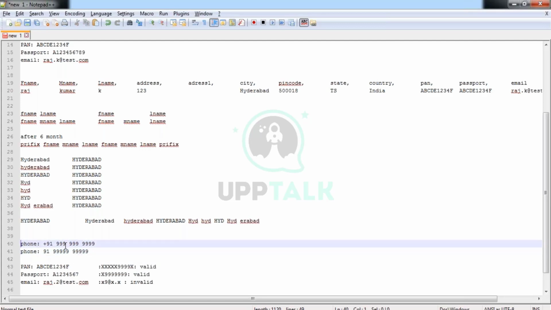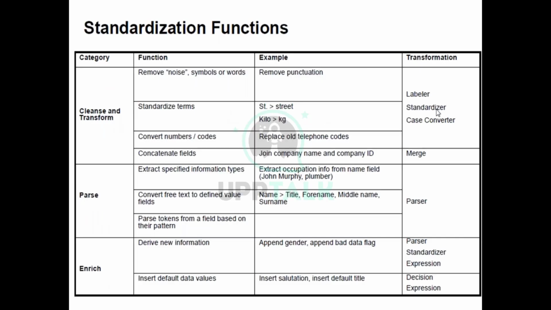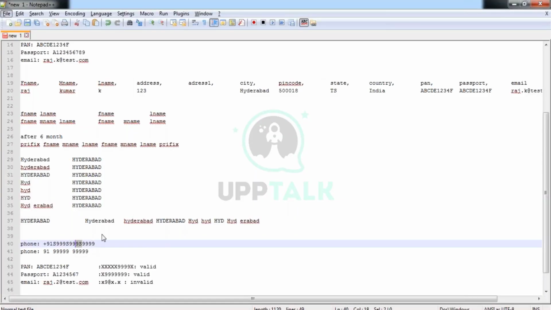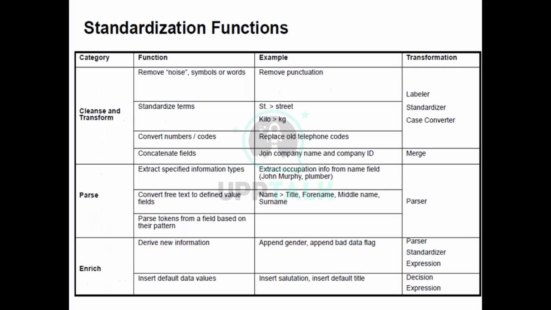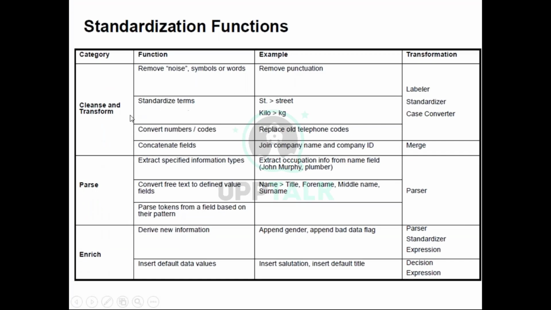If I want to maintain a single pattern, I have to remove these values. How will this be removed? This will be removed based on the labeler: I replace the space with an S, and I remove that space. Replacing the space is the labeler, and removing the S from the input is the standardizer. So based on the labeler, standardizer, and converter, we mostly clean the data.